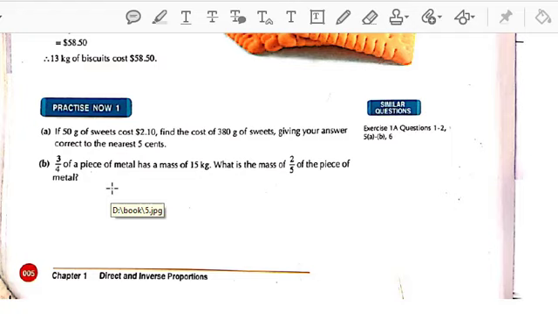And now practice now 1. Two sums are given here, and you will have to solve them by yourself. If 50 grams of sweets cost $2.10, find the cost of 380 grams of sweets, giving your answer correct to the nearest 5 cents.